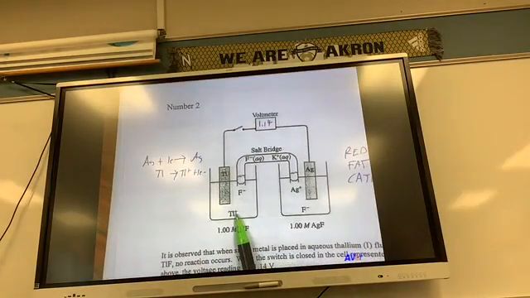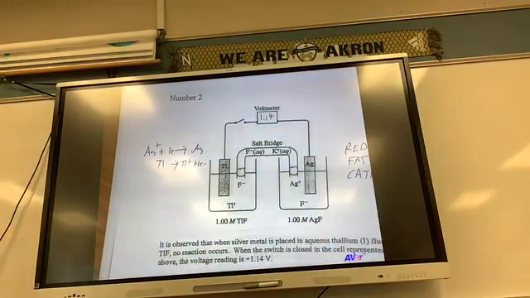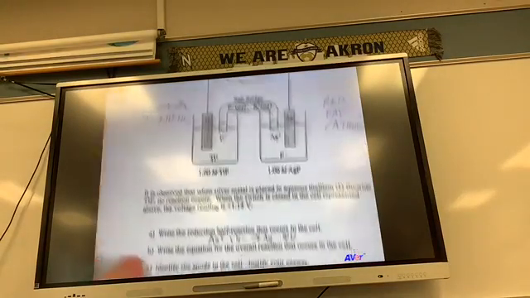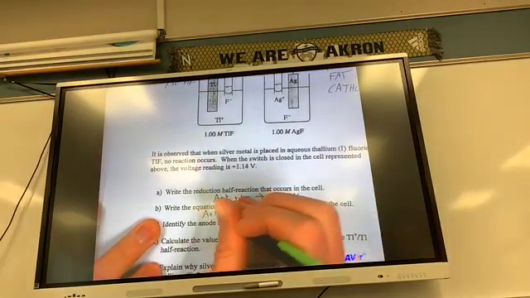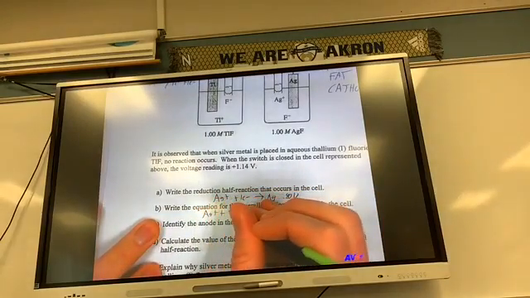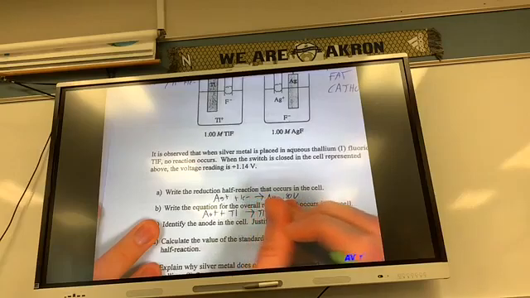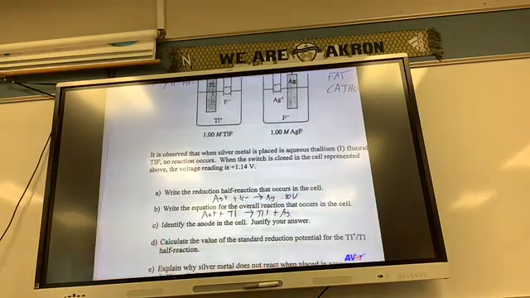Are my electrons balanced? Why isn't there a plus on the Ag? No, there should be. So for the overall reaction, I'm going to end up with Ag plus Tl yields Tl plus Ag.